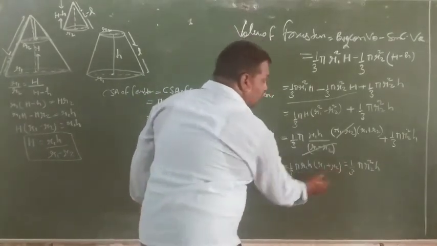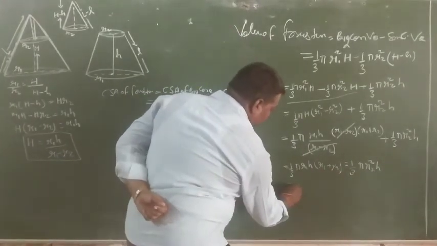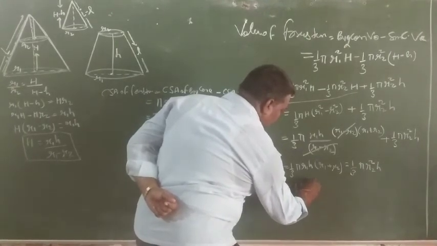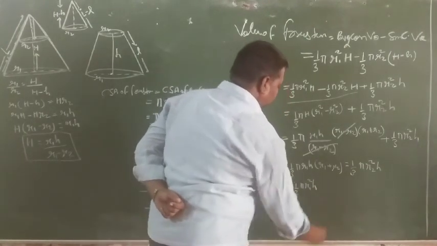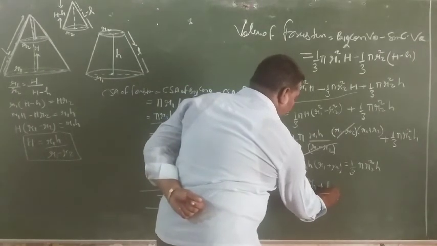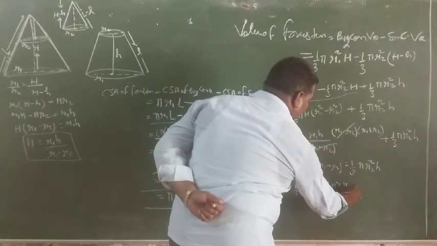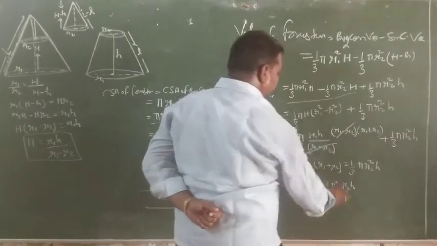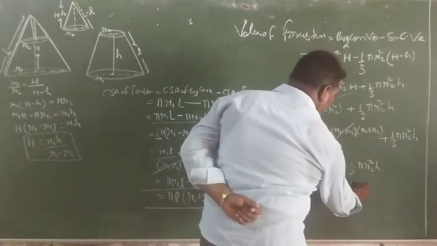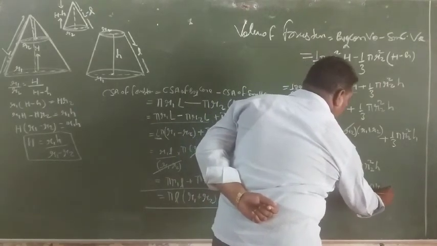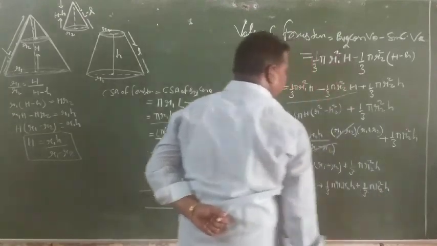Multiplying inside the bracket: 1 upon 3 pi R1 square h plus 1 upon 3 pi R1 R2 h plus 1 upon 3 pi R2 square h.